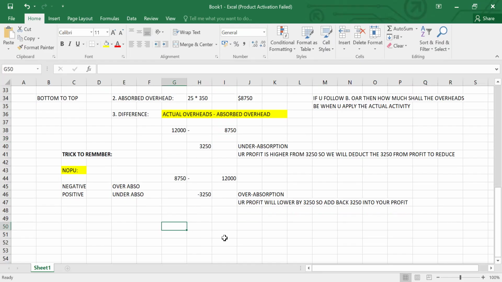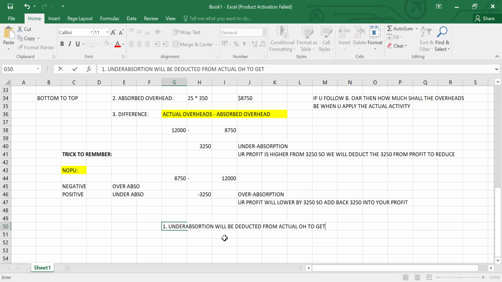You can also write it down yourself. Number one, under absorption will be deducted from actual overheads to get absorbed.